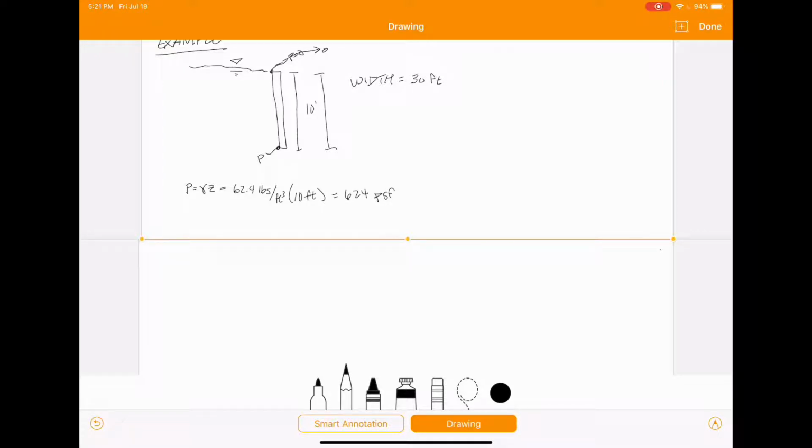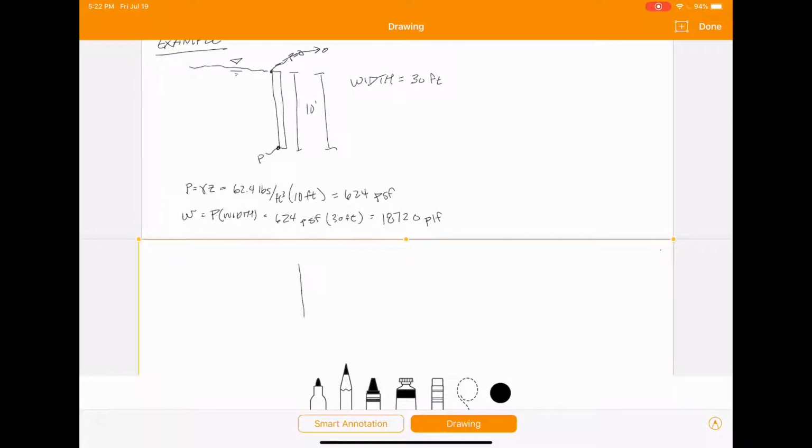Then once you have your pressure, you can find your omega at that point, which is going to be pressure times width. So 624 PSF times the width, which was 30 feet, equals 18,720 PLF.